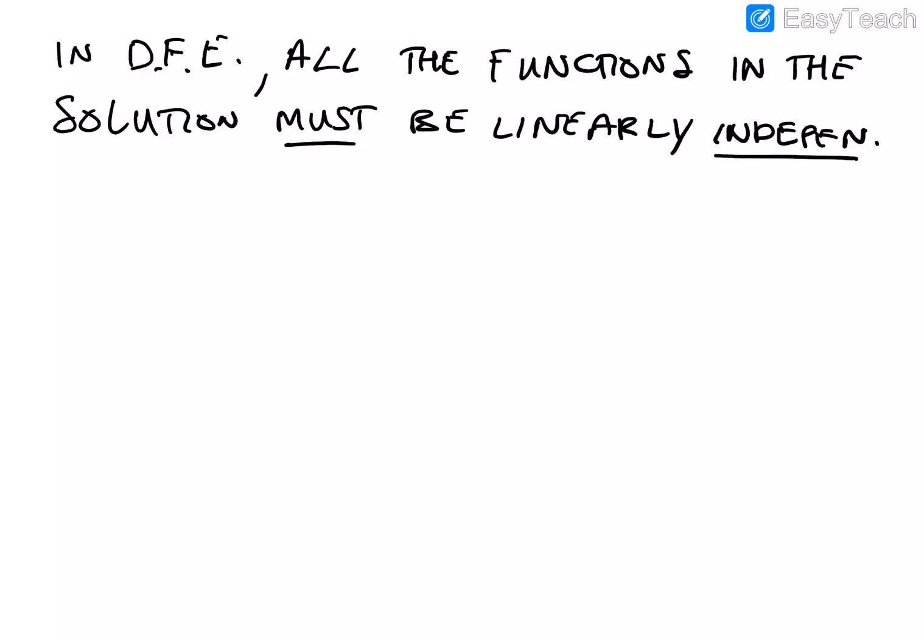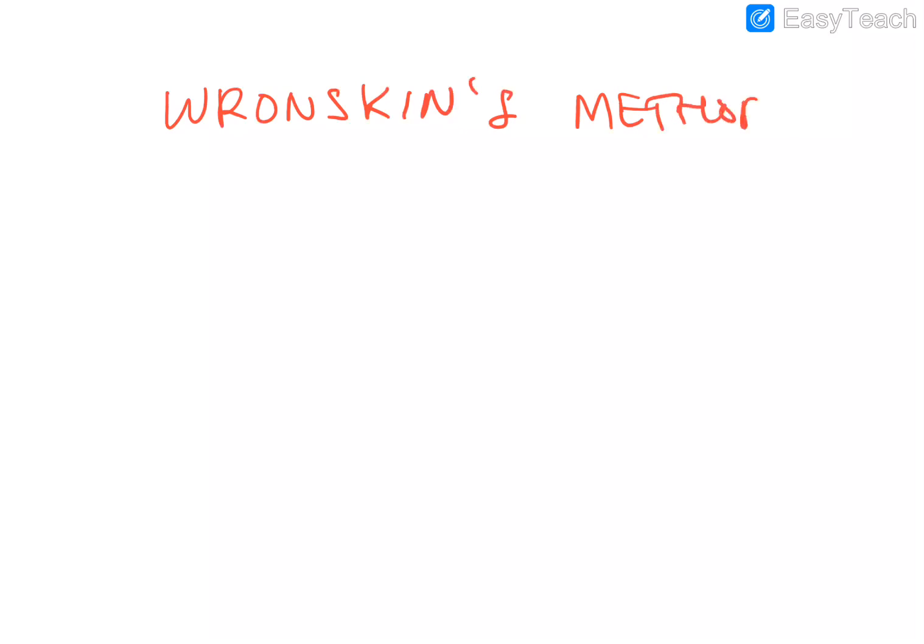So in the differential equation, all the functions in the solution must be linearly independent. So how do you test to see if they're independent or dependent? Well, there's a method called the Wronskian method. In the Wronskian method, you basically have three functions, or you can have as many functions as you want, actually, but we'll start with three.